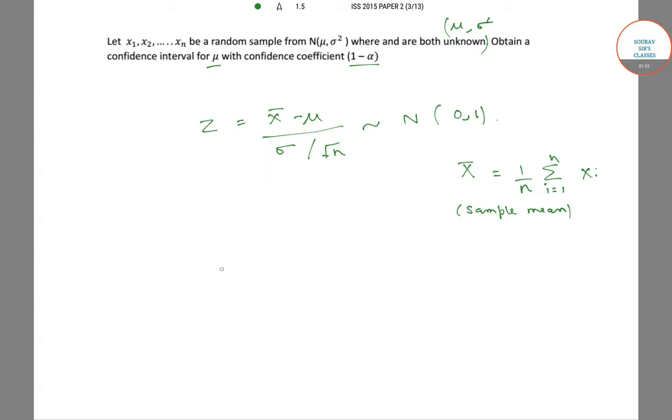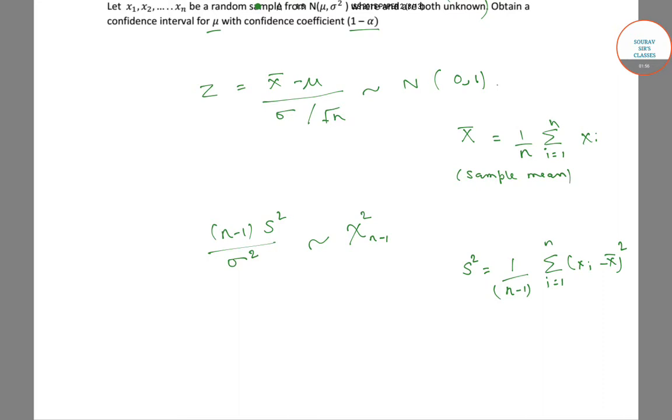And next, n minus 1 s square divided by sigma square follows chi-square distribution with degrees of freedom n minus 1, where this s square is the sample variance given by 1 divided by n minus 1 into summation i goes from 1 to n xi minus x bar whole square.